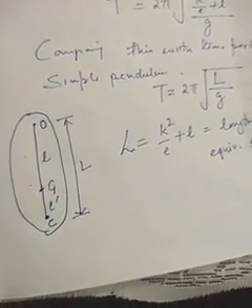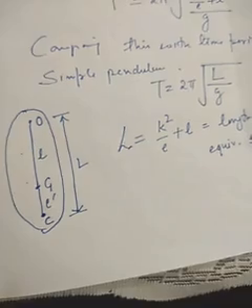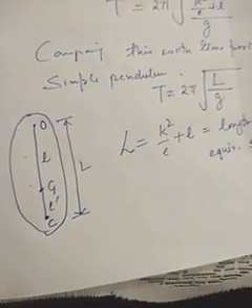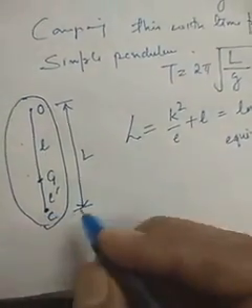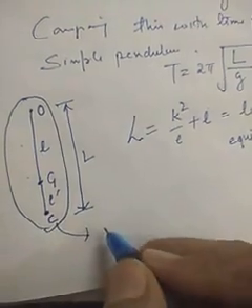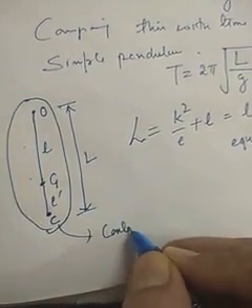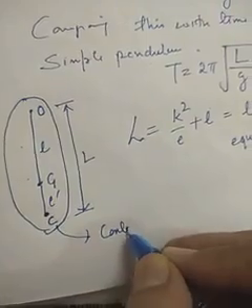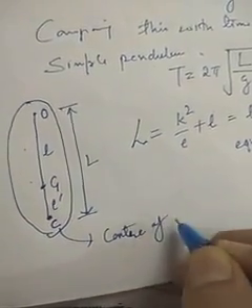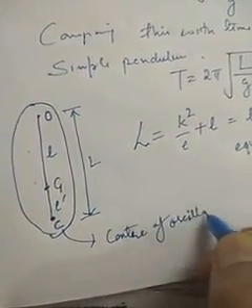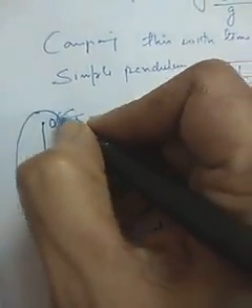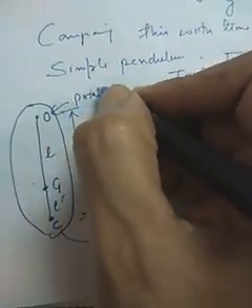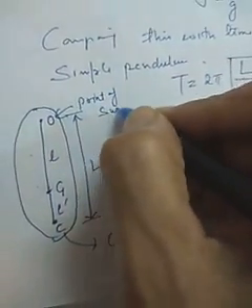C is the center of oscillation. This is the point of suspension.